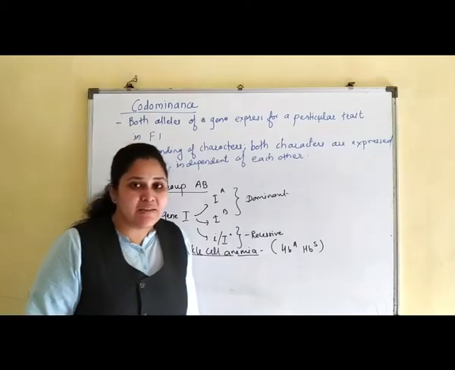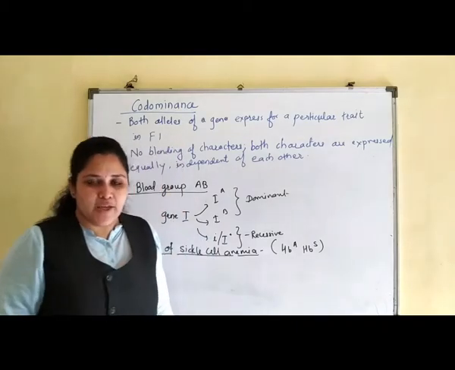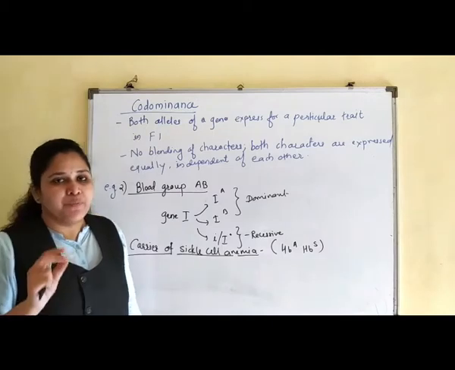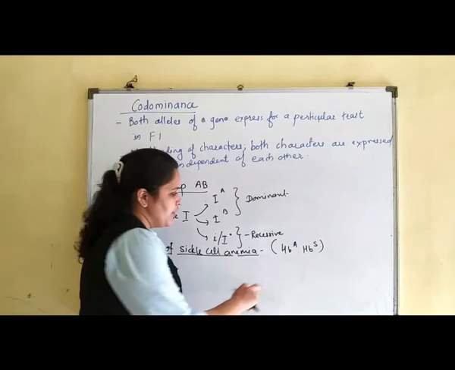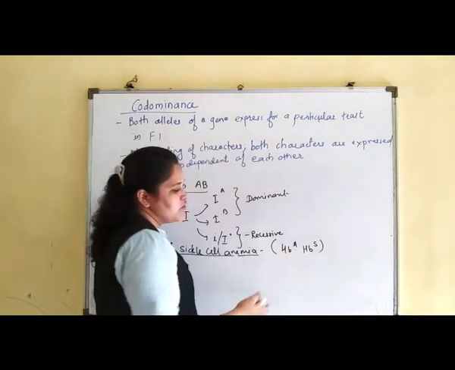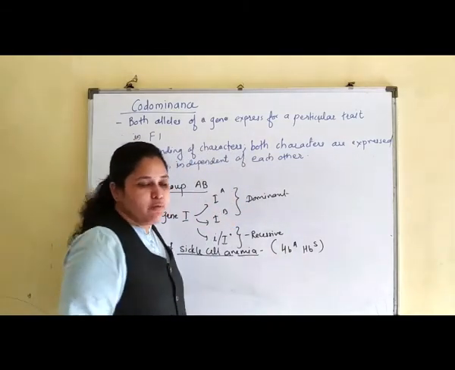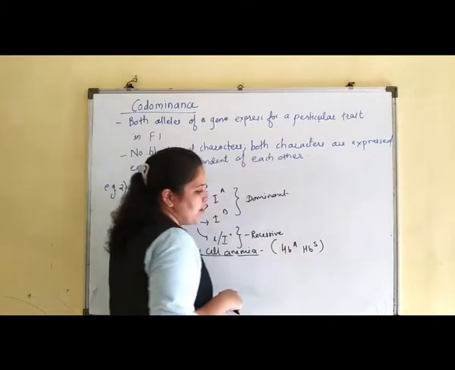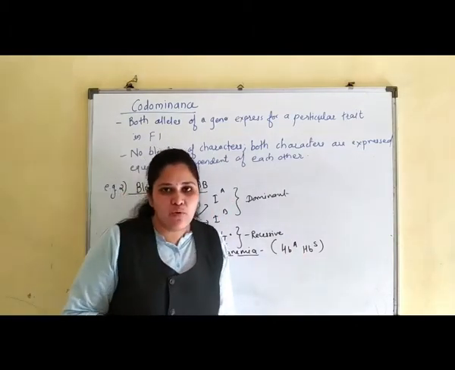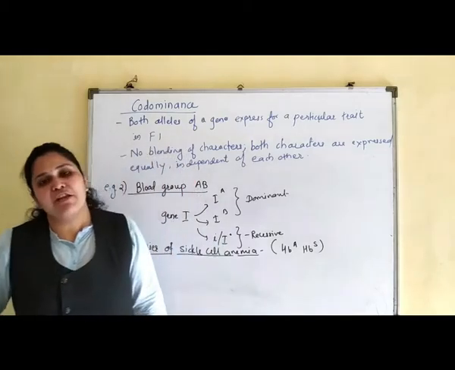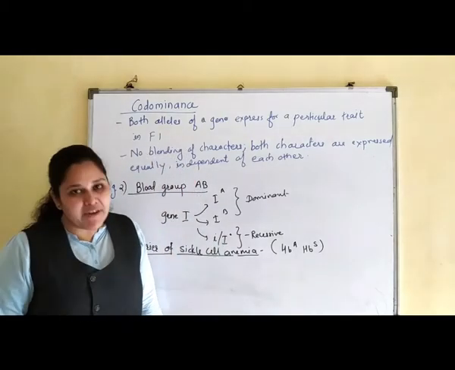This is a recessive type of inheritance, expressed in an individual who has both the recessive alleles. In the heterozygous case, HbA is the normal gene for hemoglobin and HbS is the affected one. So in heterozygous, 50% hemoglobin will be normal, whereas 50% hemoglobin will be affected.